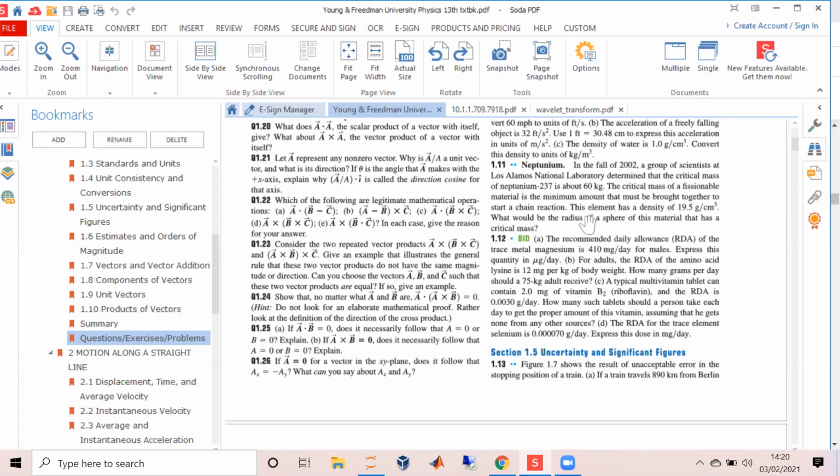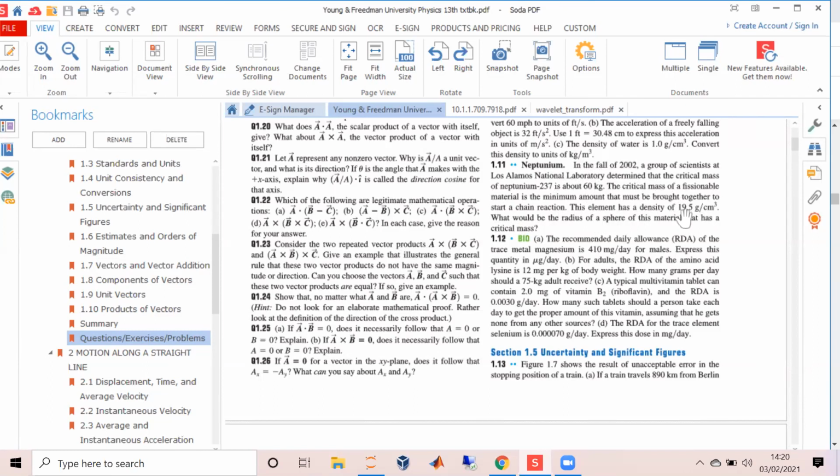What would be the radius of a sphere of this material that has a critical mass? First of all, we have to be consistent in the units, okay? We cannot work with kilograms and grams at the same time. So we would have to convert one of those units to compute them, okay?